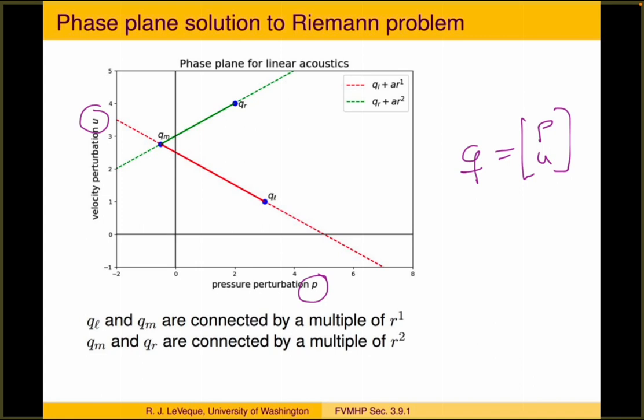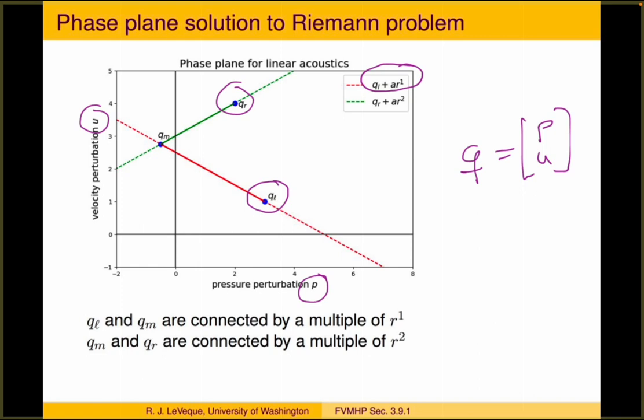So what's shown here are the red and the green dashed lines corresponding to taking an initial state QL and QR, just two arbitrary points, and through QL, let's look at all states that can be connected to QL by some multiple of R1.